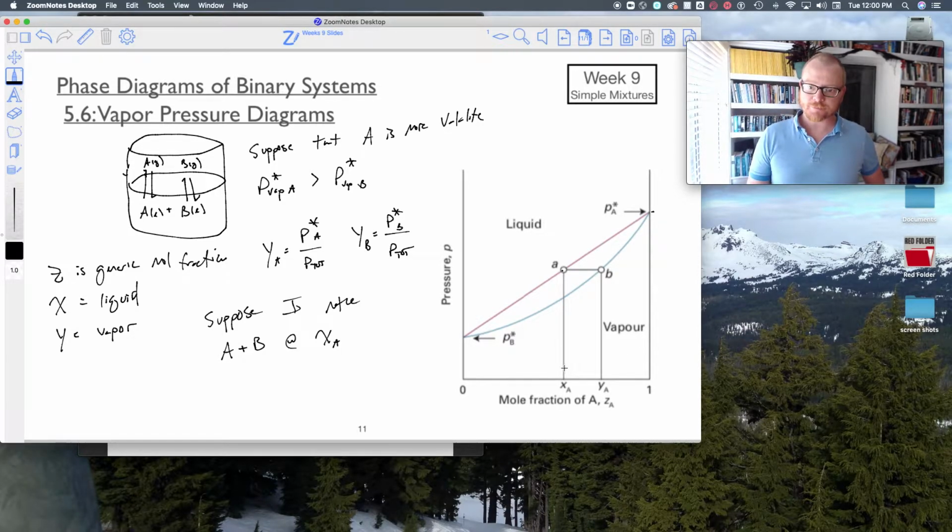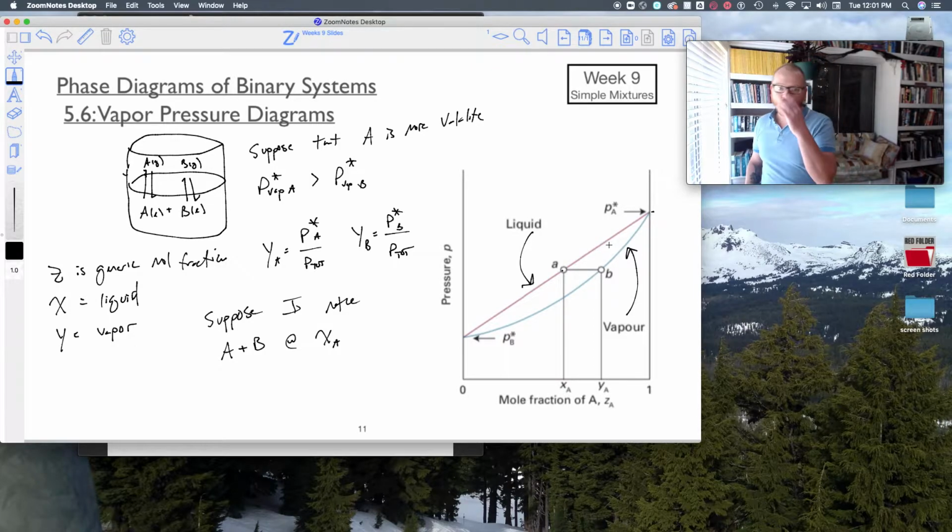So in these binary vapor diagrams, the top line is always the liquid and the bottom line is always the vapor. So in other words, this blue line is the determination of YA, and the red line is the determination of chi A.